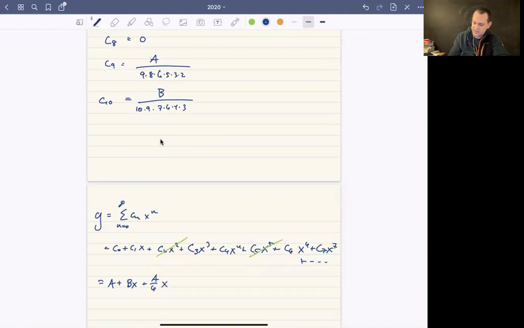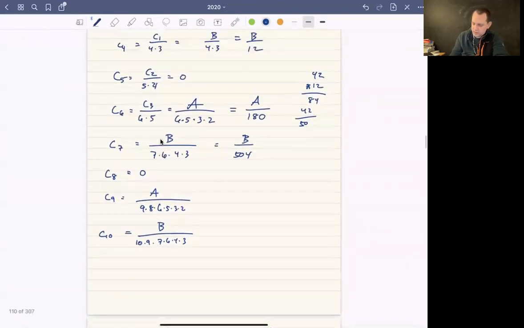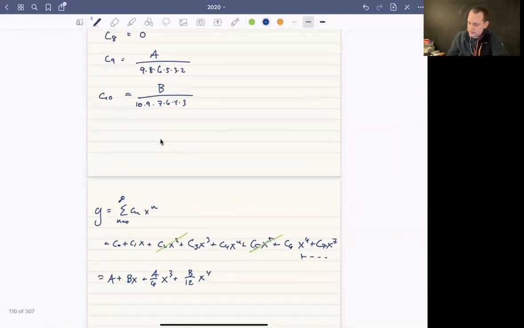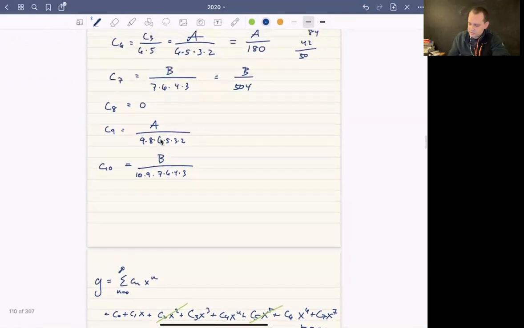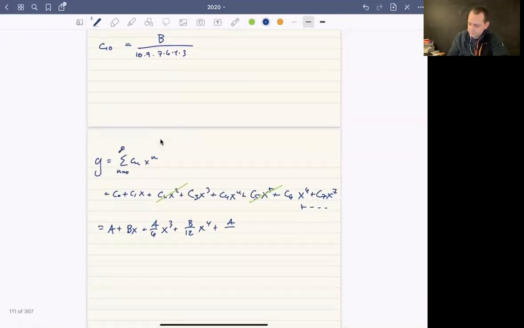So this is A over 6, x cubed. C4 was B over 12. Okay, is that right? B over 12. And then C5 is gone. C6 was A over, I just looked at it, 180. Okay, x to the 6th. C7 was B over 504, x to the 7.